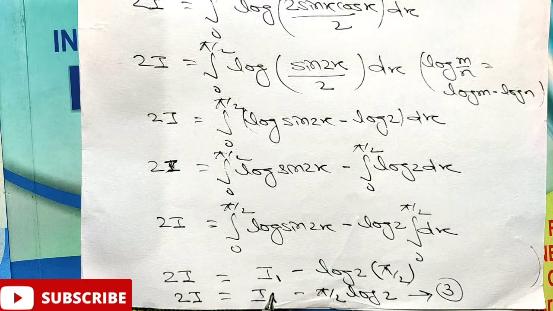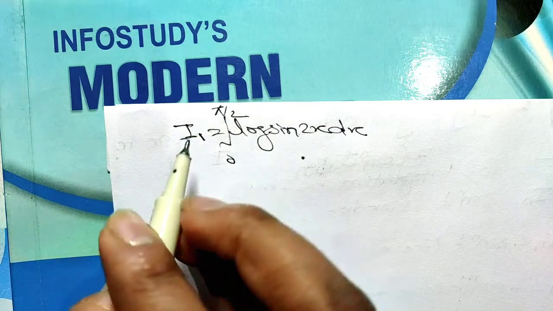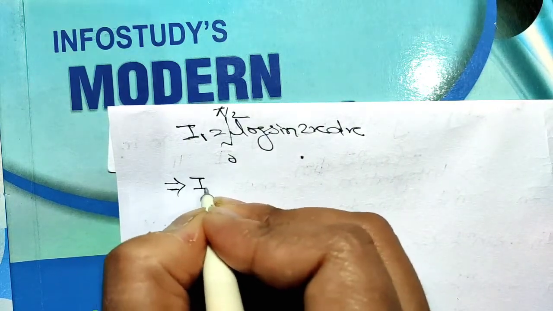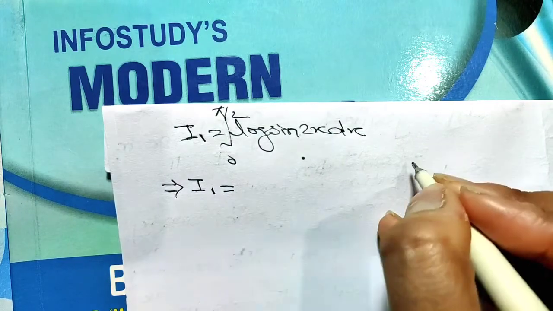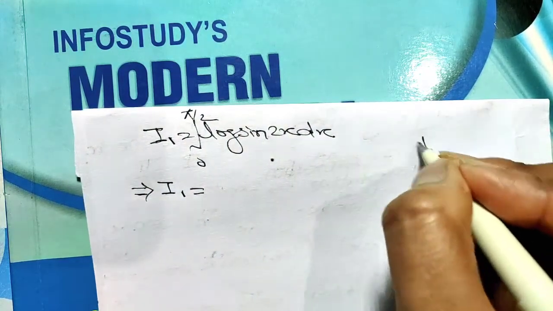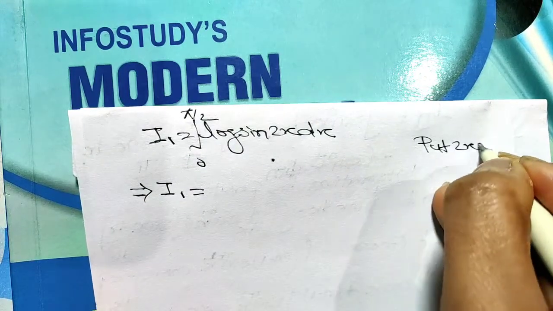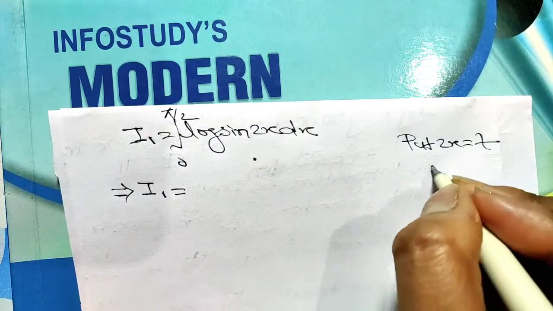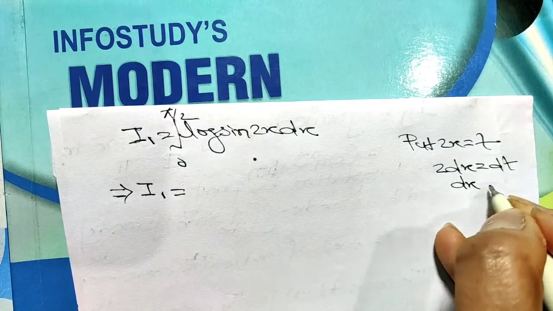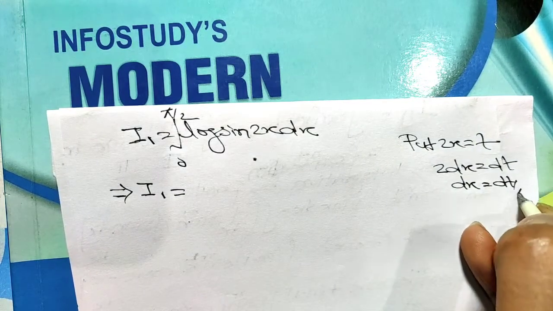So let's solve I1. Here we are going to solve this integral separately. We get I1 equals, we are going to put or assume 2x equals t. Differentiating both sides we get 2 dx equals dt. It means dx equals dt upon 2.